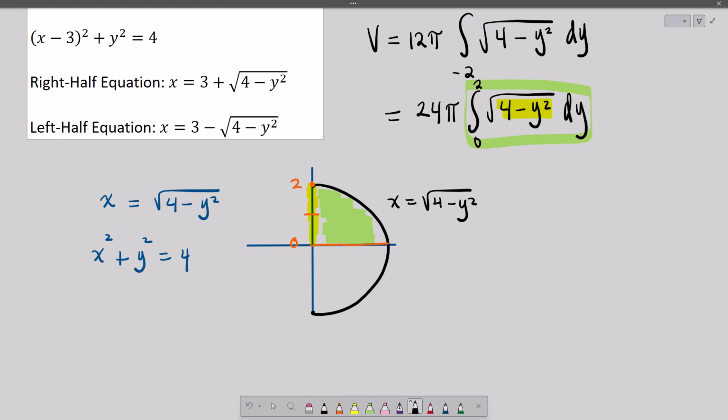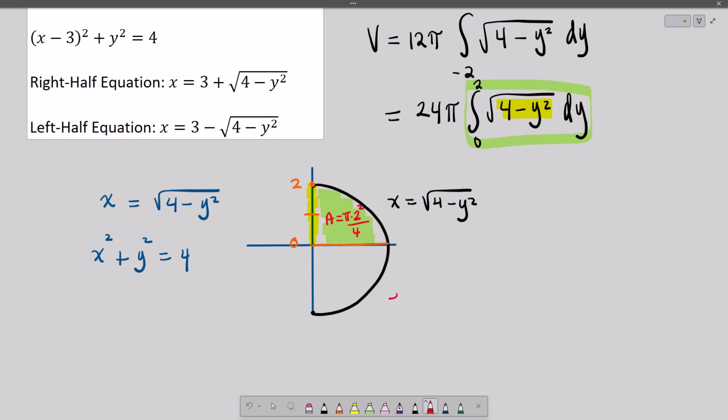This area is 1/4 pi r squared. It's one quadrant. I keep wanting to say octant. It's one quadrant. So it's pi r squared. The radius is 2. Right? The radius of that circle is 2, so the area of the circle is 4 pi. So if we want the area of just one quadrant, we divide that by 4.